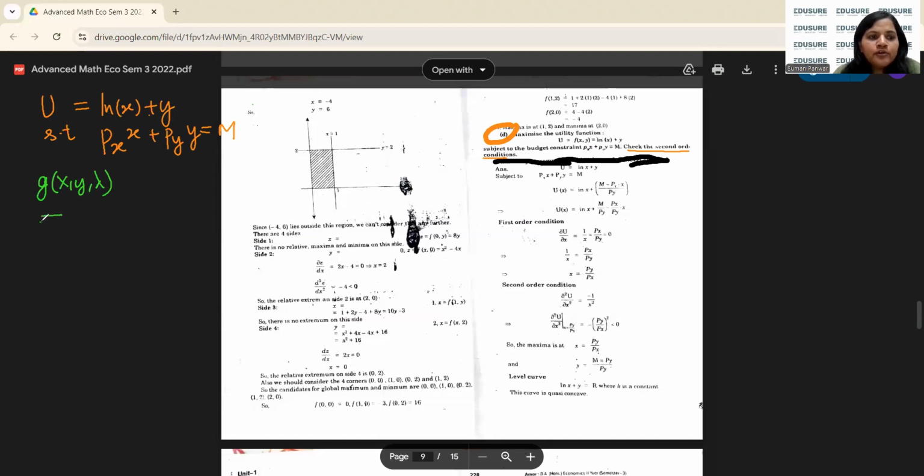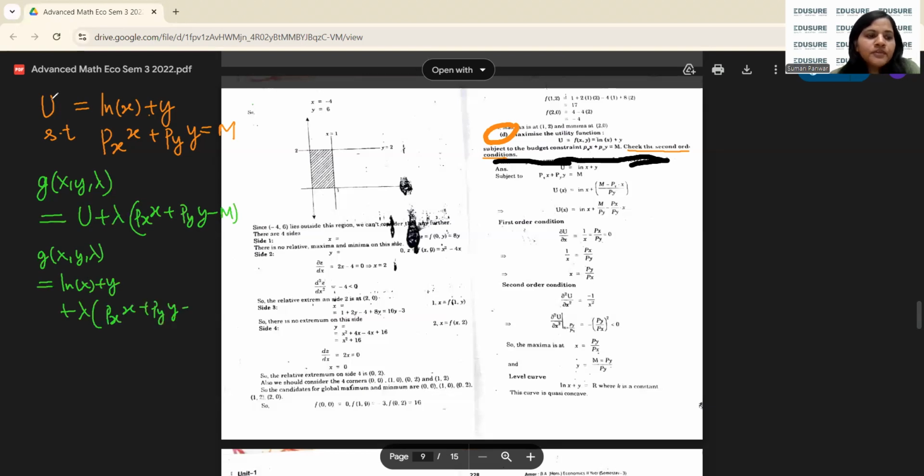This will be equal to u plus lambda times (px·x + py·y minus m). So g(x, y, lambda) = log x + y + lambda (px·x + py·y minus m).